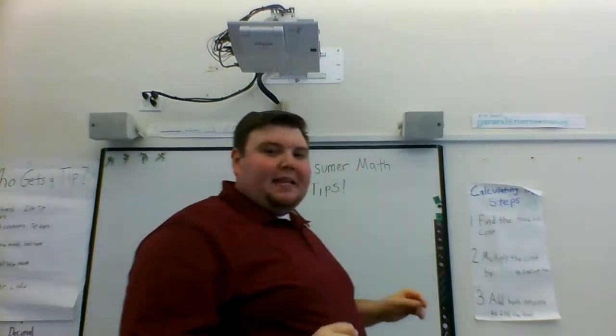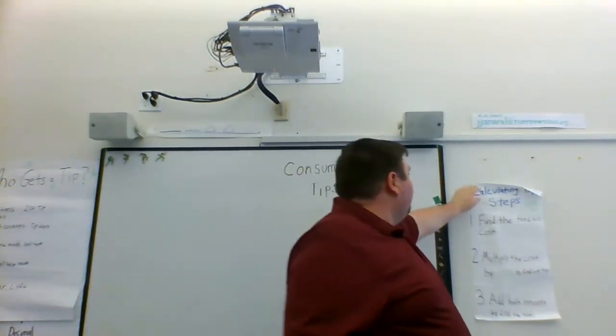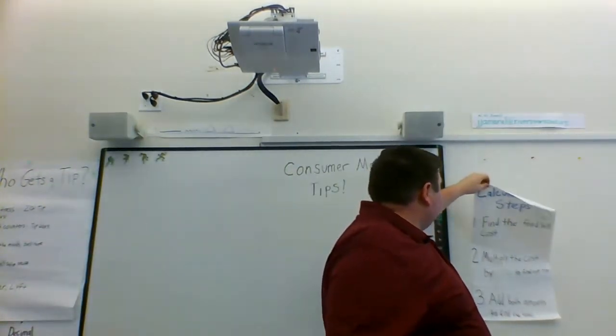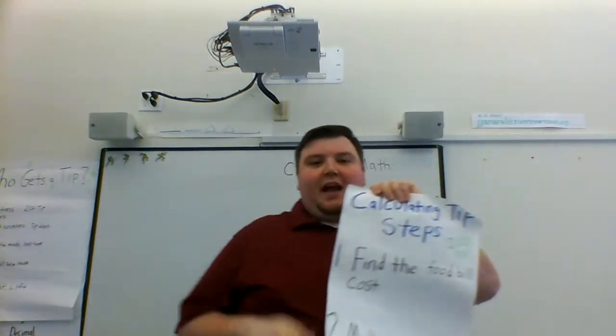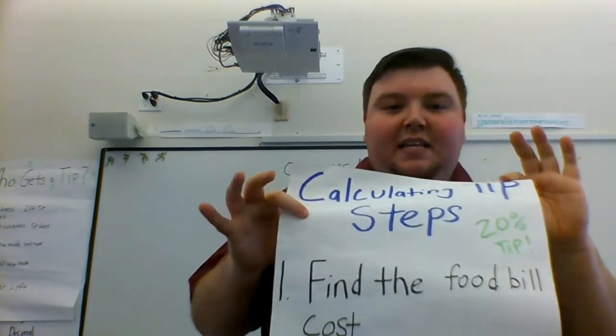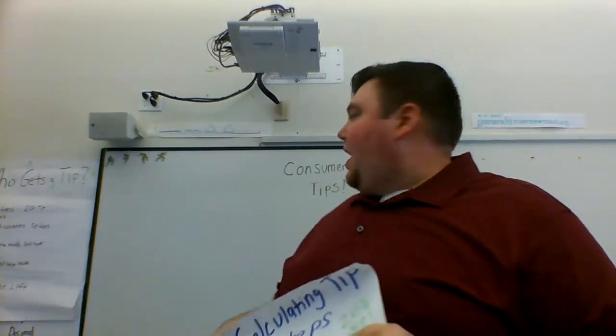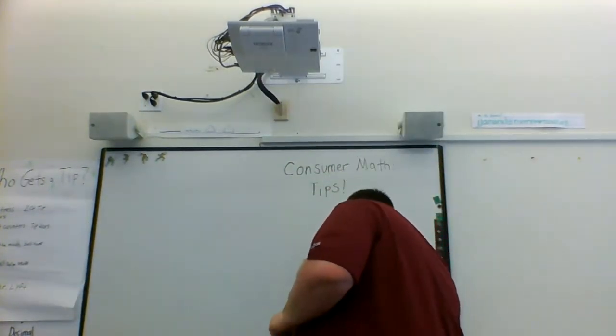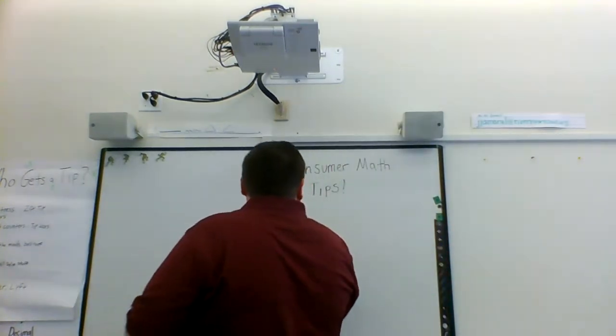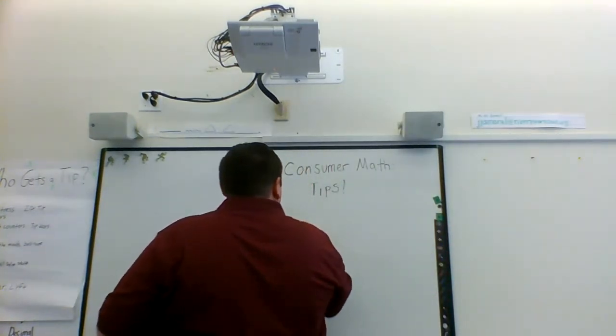Then, many times, we went through, and I made this one smaller so I could post this every day. The steps of finding a tip, finding the original food bill cost. Let's just say $10 because we're just doing this real quick.